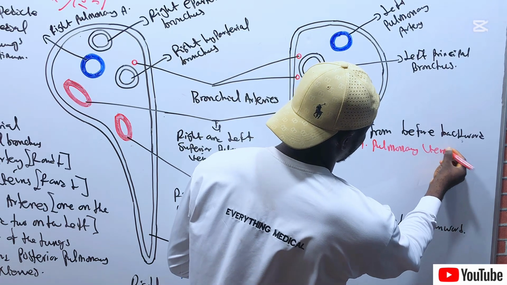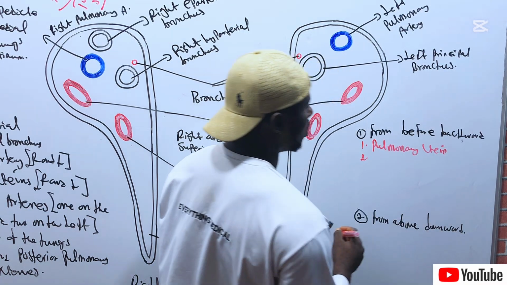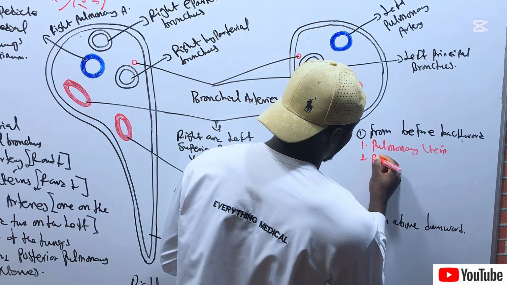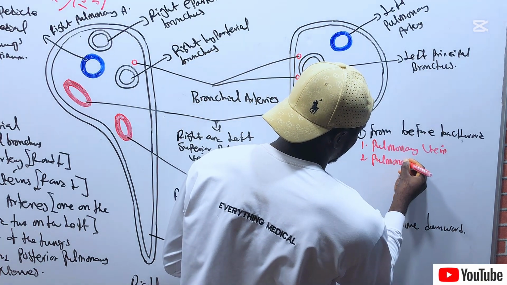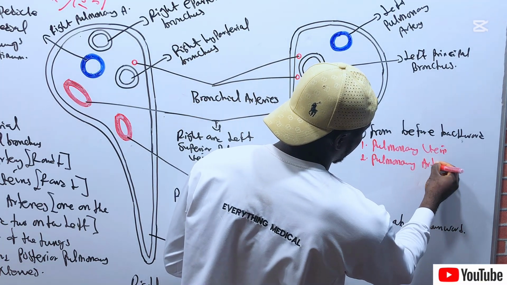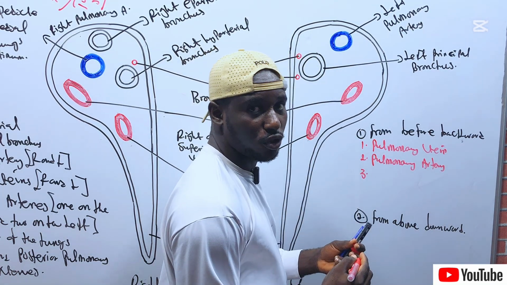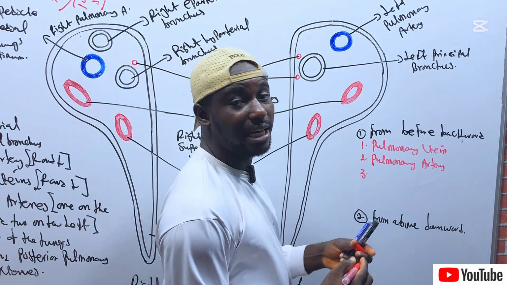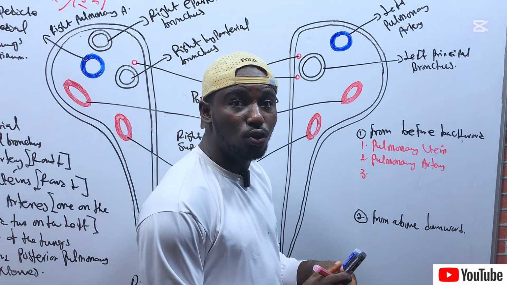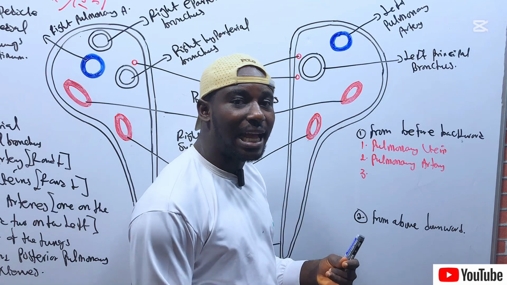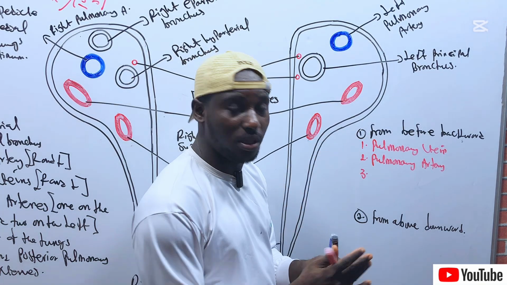Number two is the pulmonary artery. Number three is the bronchus. And in that bronchus, it includes the epithelia and hyaline cartilage. That is what forms the bronchus.